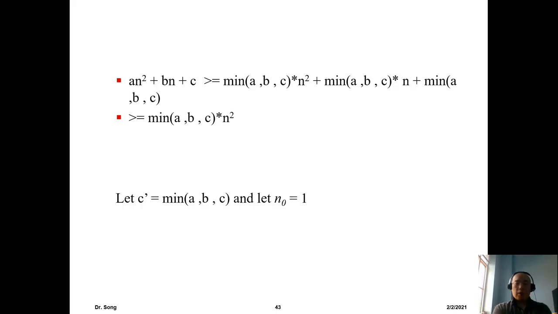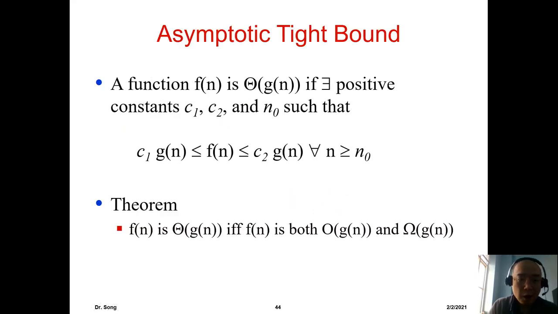So for this part, since we have already got the constant c, and we have got the constant n0, can we say for this polynomial, it is omega n squared. Okay, this is the constant c, this is the g(n), and this part is the constant n0.